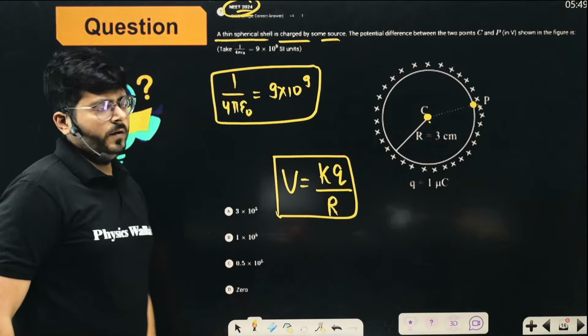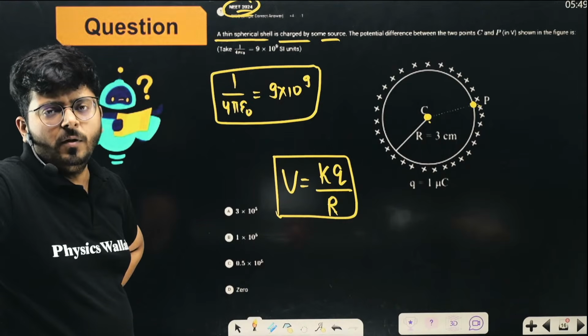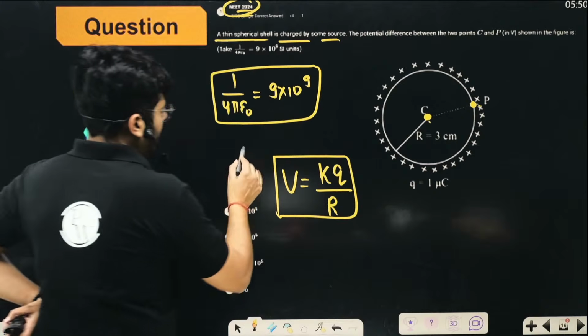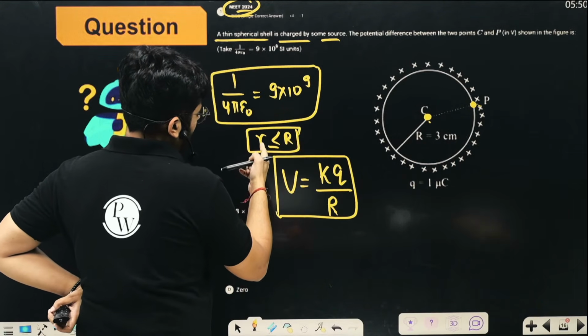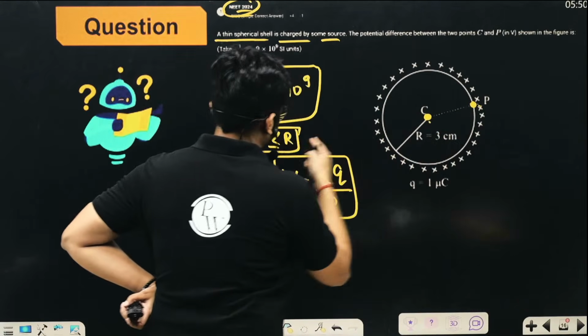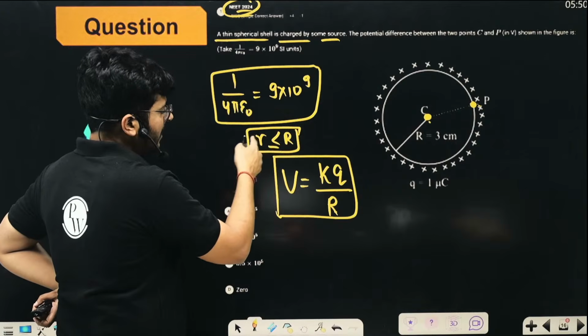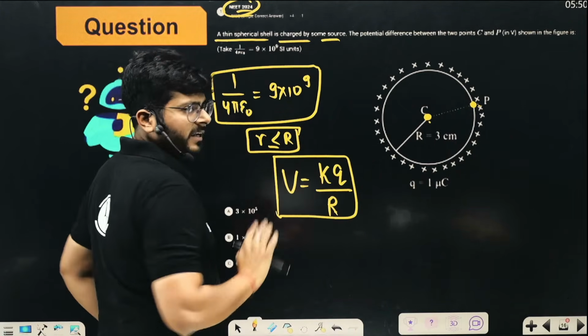For any point inside or on the surface, for R less than or equal to the radius of the sphere, potential is KQ by R.